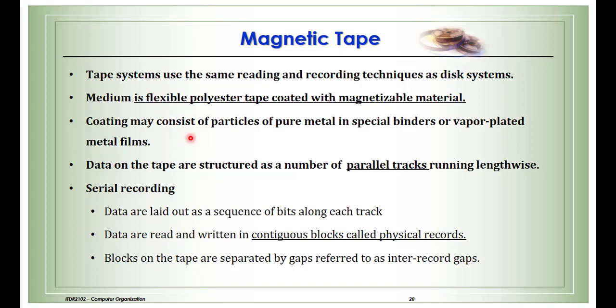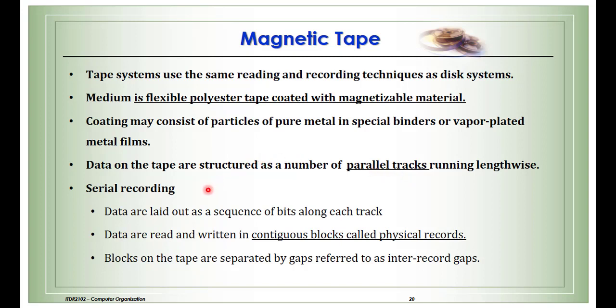And the data here will be structured as parallel tracks or long tracks. From the beginning of the tape to the end of the tape, it will be parallel tracks, not like the magnetic disc, where the tracks will be circular.